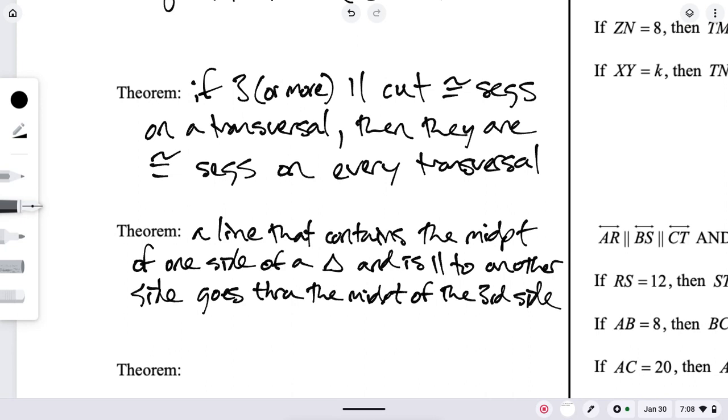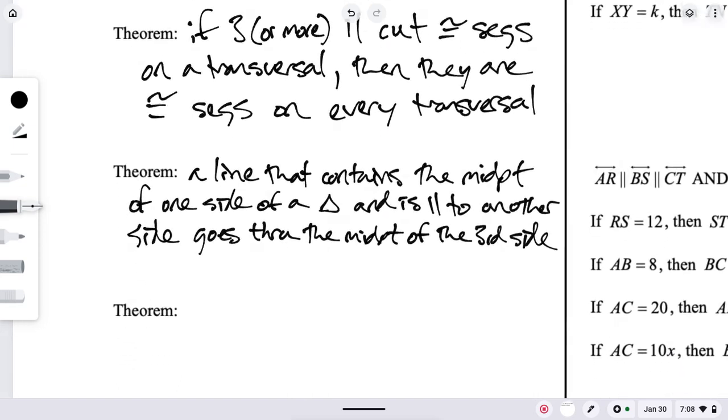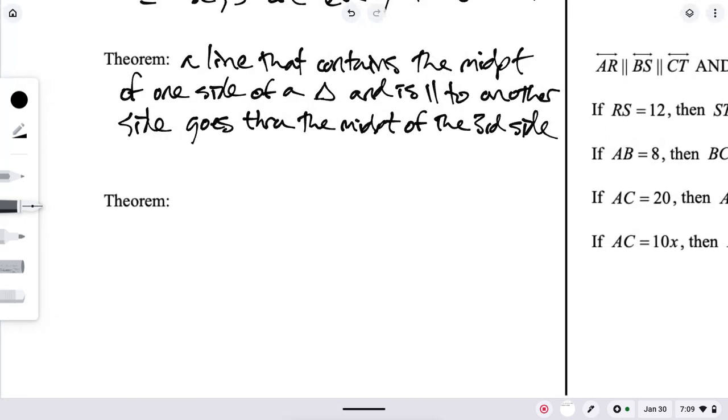Again, very wordy, but totally worth it. A line that contains the midpoint of one side of a triangle and is parallel to another side goes through the midpoint of the third side.